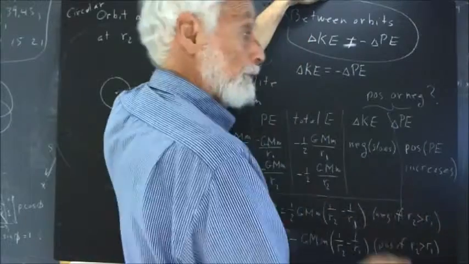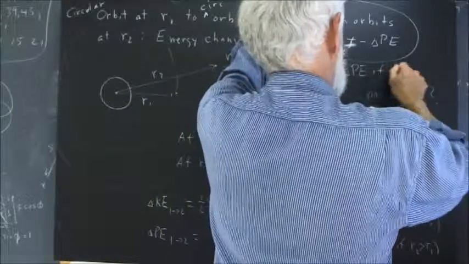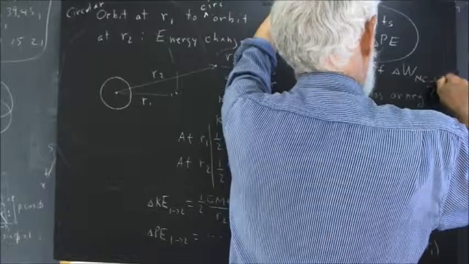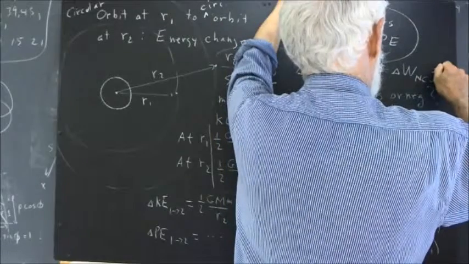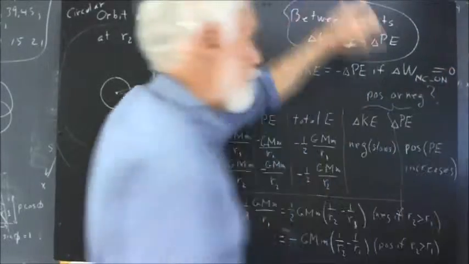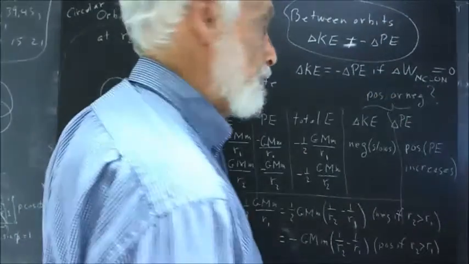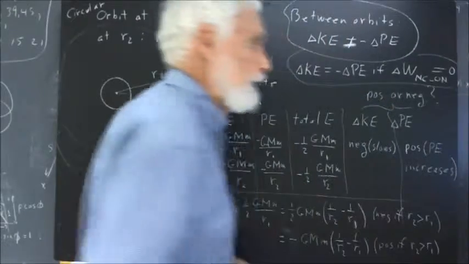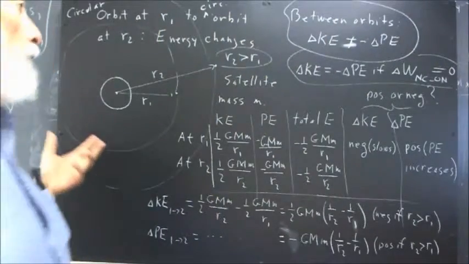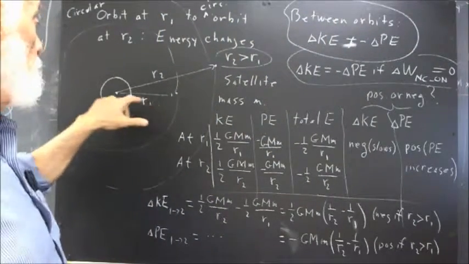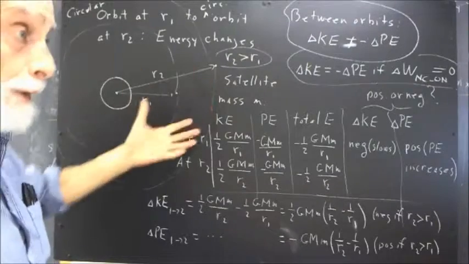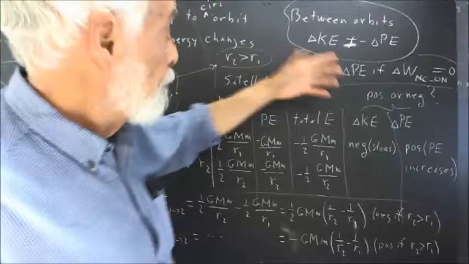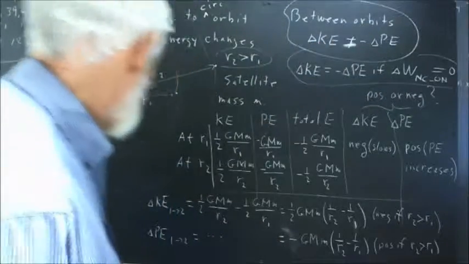Now, this is true if the work done on the system by non-conservative forces is 0. The implication of that is you can't get from here to here without non-conservative forces exerting work.